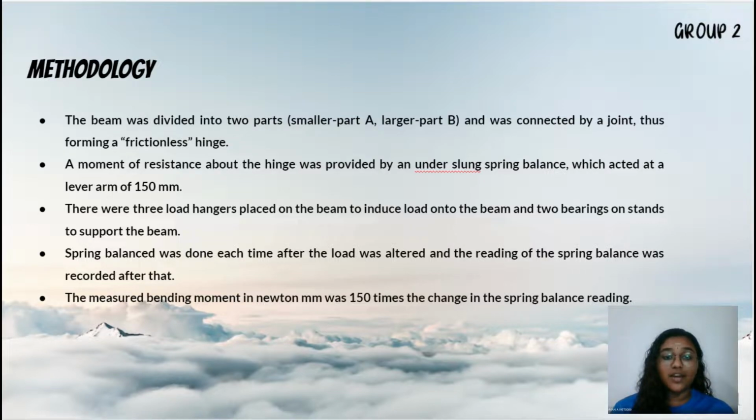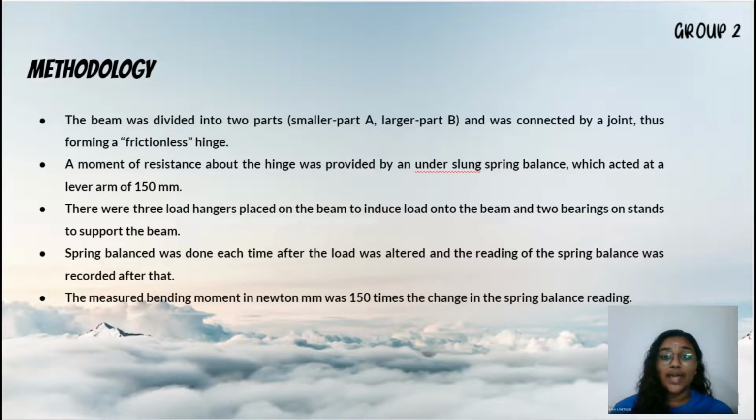The beam was divided into two parts, smaller part A, larger part B, and was connected by a joint, thus forming a frictionless hinge. A moment of resistance about the hinge was provided by an underslung spring balance, which acted at a lever arm of 150 mm.